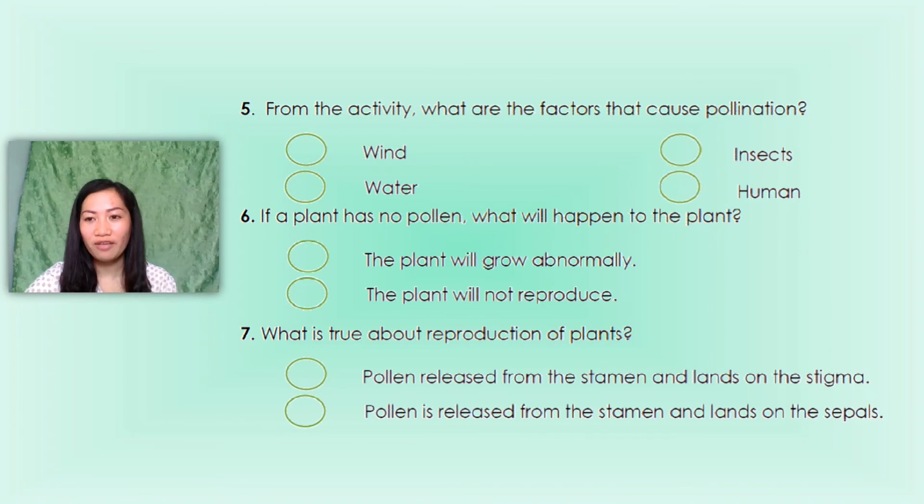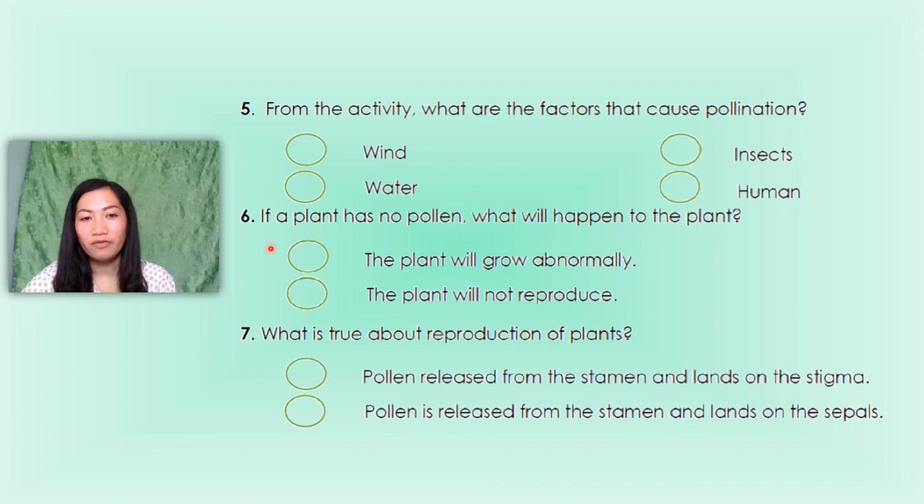For number 5, the question is, from the activity or from questions 1, 2, 3 and 4, what are the factors that cause pollination? Is it the wind, the water, insects, or humans? Your answer must be one or more.